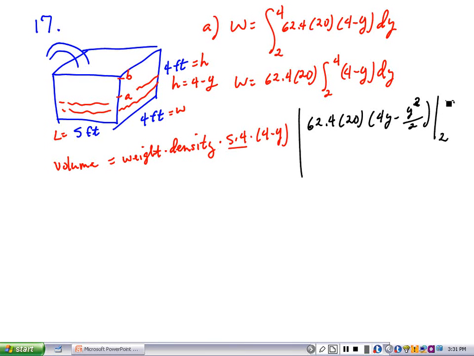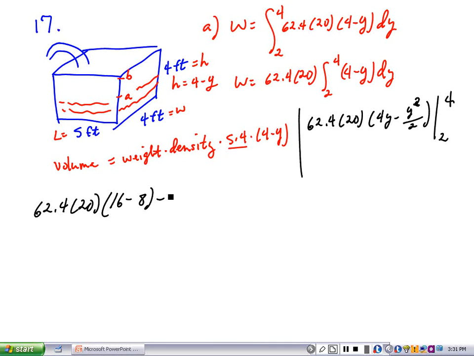Evaluate that from 2 to 4. So we have 62.4 times 20 times 16 minus, evaluate the y's at 4. So that's 16 minus 16 divided by 2 is 8.